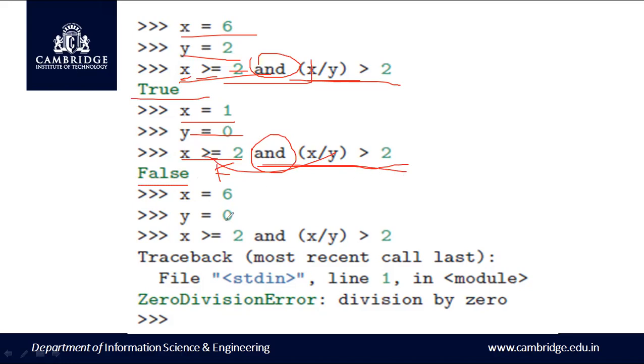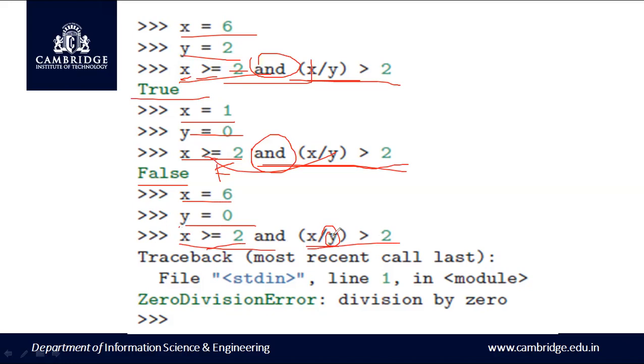Here you can see we have y equal to 0, that is, a division by 0 error. Suppose x is greater than or equal to 2. x holds the value 6, and 6 is greater than 2, so that is true and it comes to the second expression. Here the value of y is 0, so this leads to a division by 0 error.